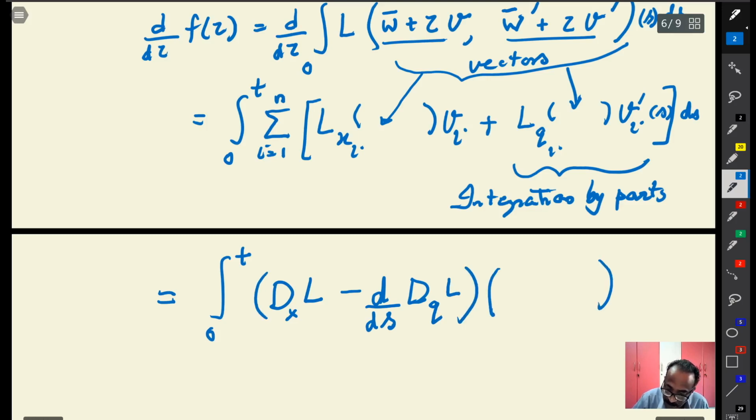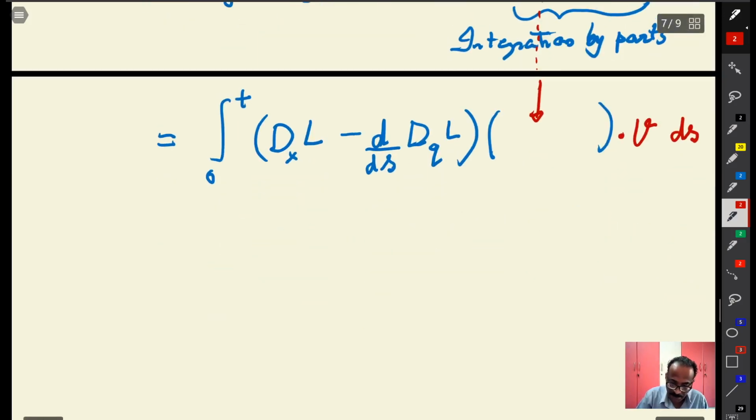Again there will be exactly that component. L coming here, and then these are all with the dot product, the derivative Vi. So it will be dot product with V, ds.